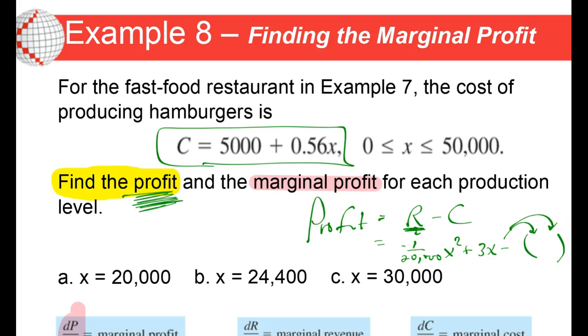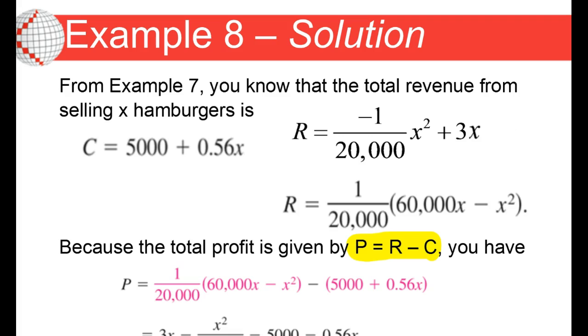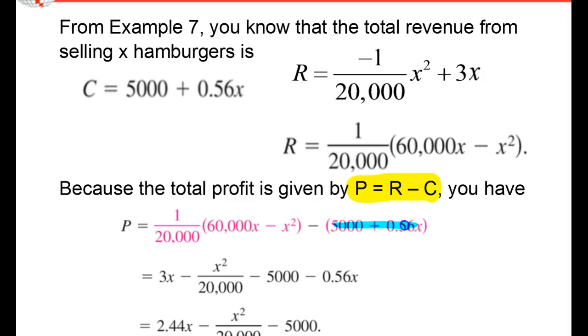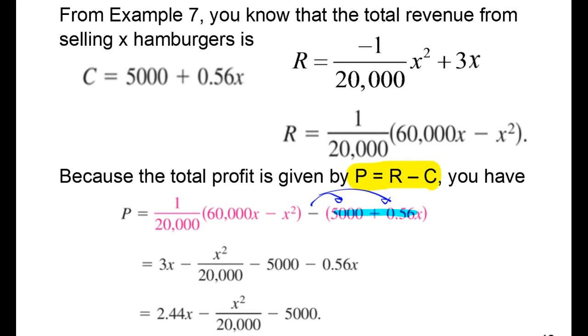So the cost is this guy in pink, or this guy in blue. So that goes right here, and then I have to distribute that to every term. So here's the blue term that we were talking about. So again, students sometimes forget to distribute that to every term.